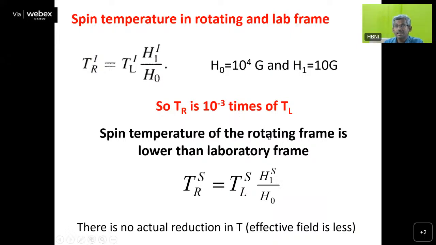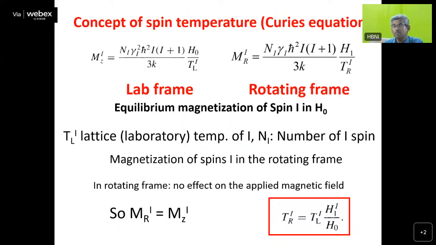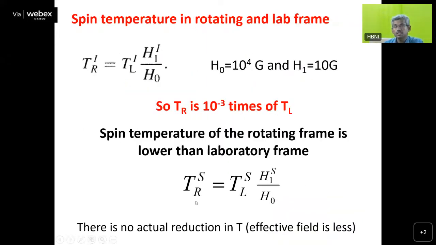Similarly, the same expression is also valid for the proton and carbon-13 nucleus. This is for the proton I nucleus and this is for the S nucleus. S is for the S nucleus, R for the rotating frame. So the rotating frame temperature of the S nucleus can be given by this expression.